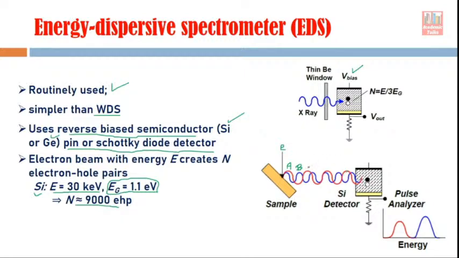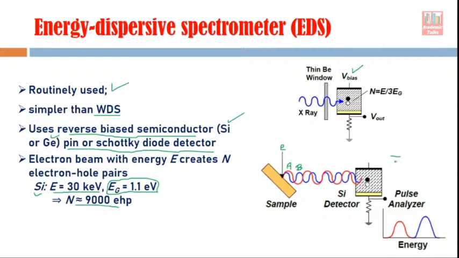Because of two different energies, they will produce two different numbers of electron hole pairs. A will produce a fixed number of electron hole pairs per photon, depending on the efficiency of the detector, and B will produce a different number of electron hole pairs for the same detector material, again depending on the efficiency of the detector material.